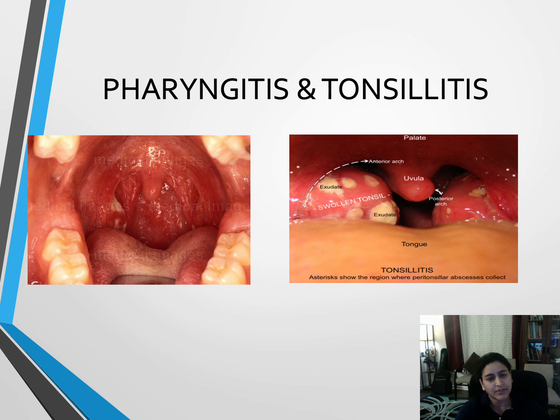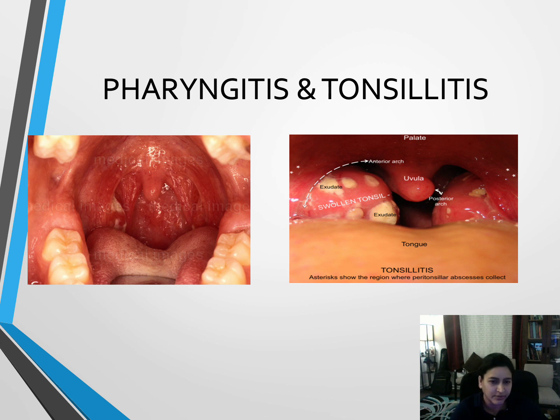Next, pharyngitis and tonsillitis. As you know, tonsils belong to the lymphatic system. They are nodules that contain WBCs and cells of the immune system, and they provide innate immunity. It's a natural defense against pathogens.